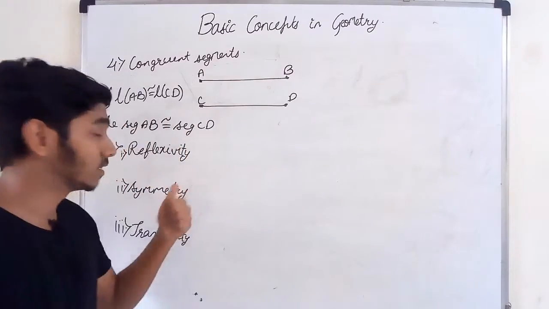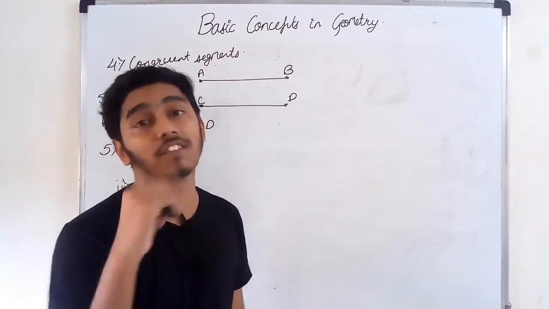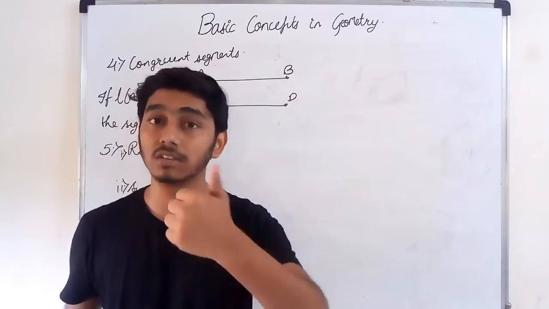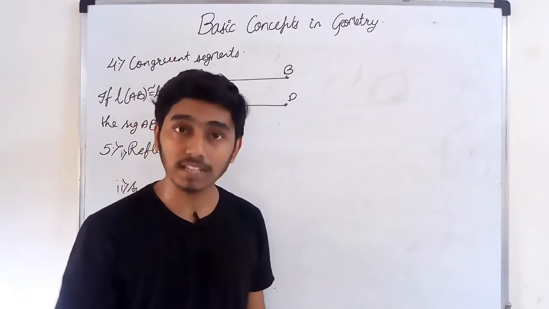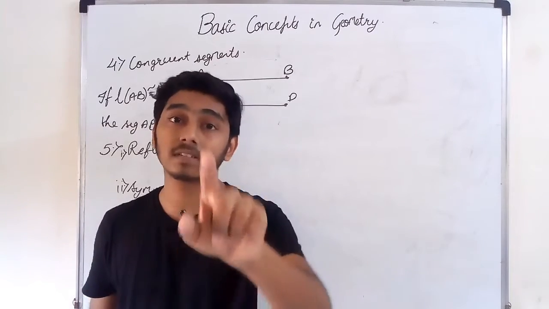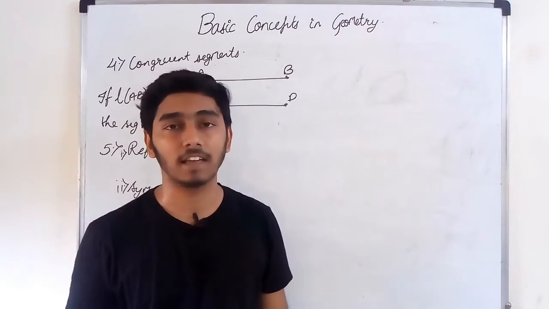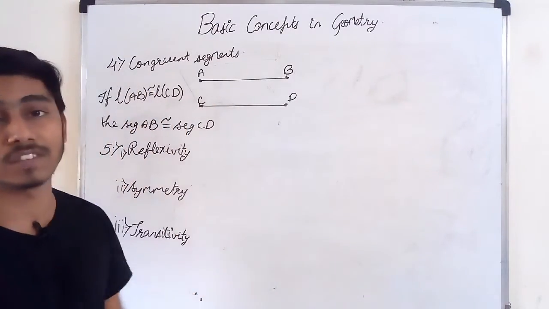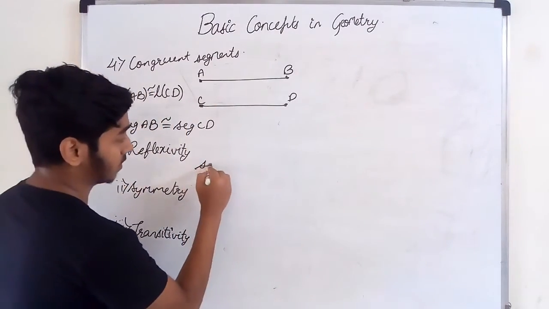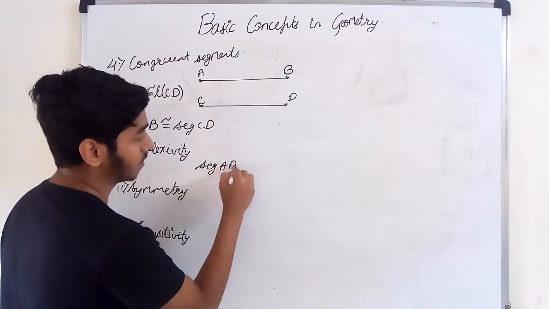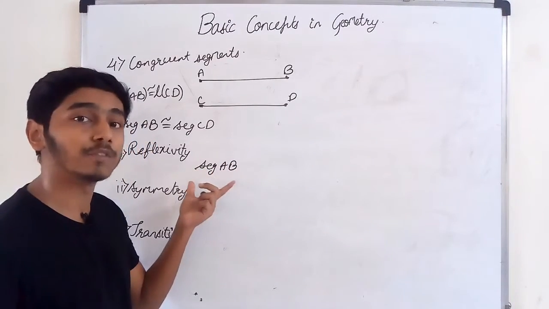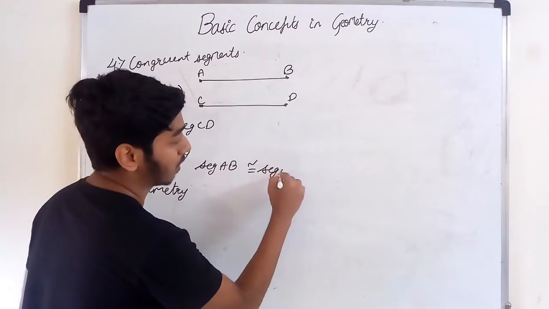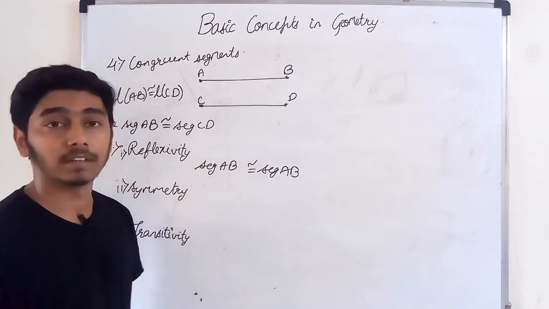Before starting with this, just imagine you are looking at yourself in the mirror. What will you see? You'll see yourself. Therefore you can say that you are the same person as you look in the mirror. Am I making sense? Let's see how it is done in terms of segments. If I consider any segment, let's say AB, then that will be congruent to that same segment.